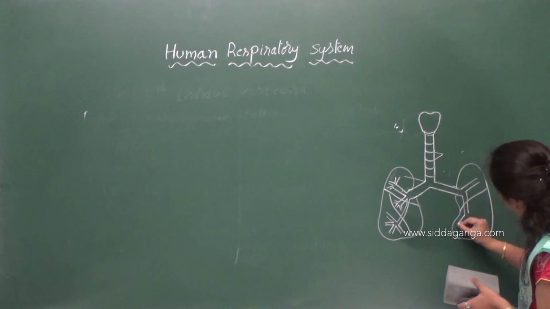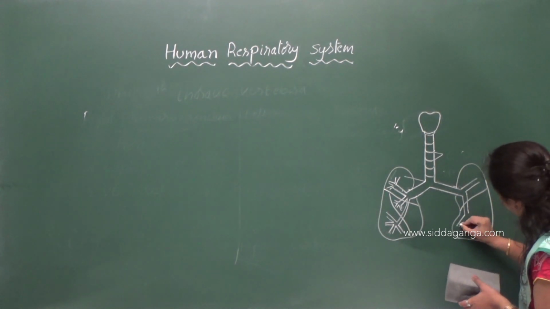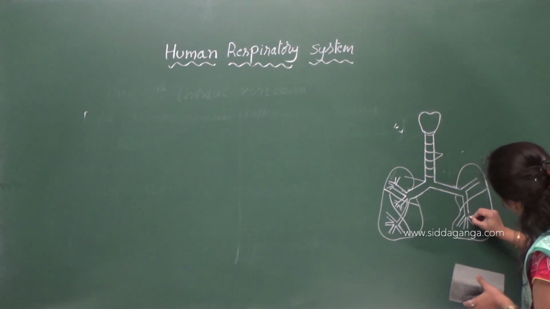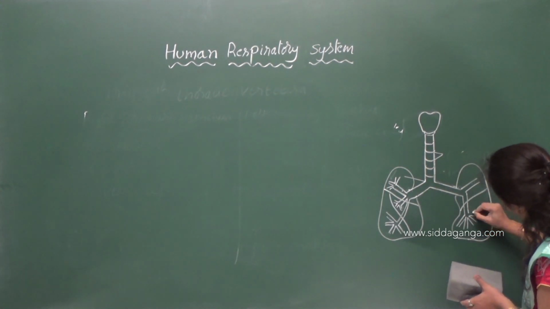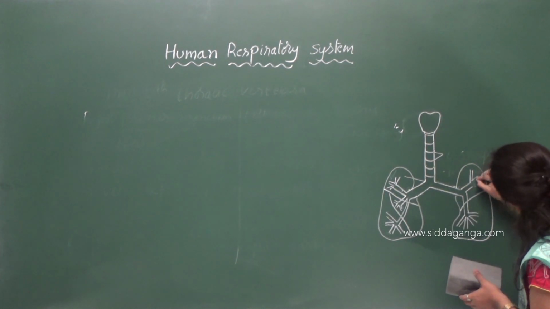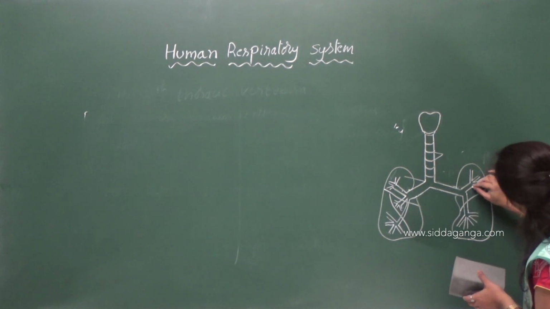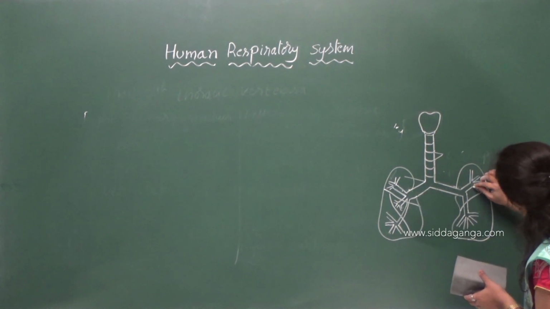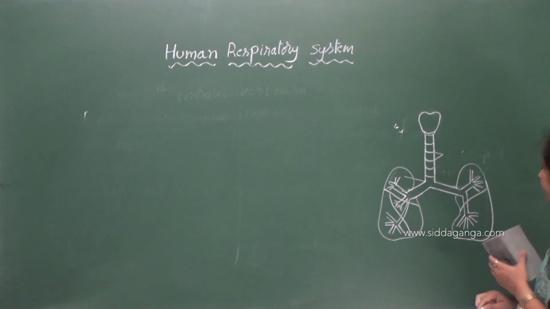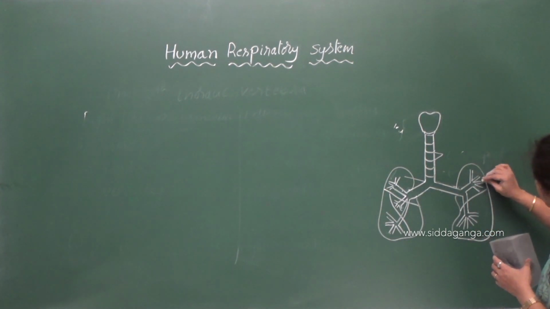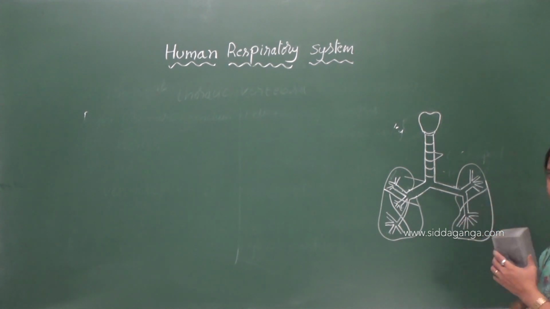The secondary bronchi divide further to form tertiary bronchi, and the number of tertiary bronchi in the left lung is 8: 1, 2, 3, 4, 5, 6, 7, 8.